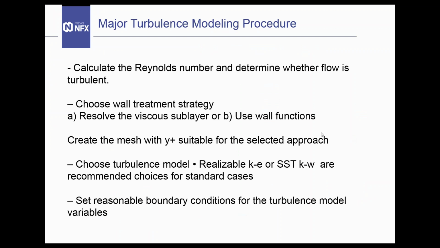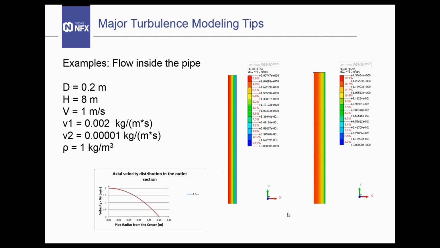Even if we are using the law of the wall method, there is still a need to calculate Y plus. You can easily find this on the website. We are making selection, and of course we have to think about reasonable boundary conditions, which stands for the initial conditions that I told you.